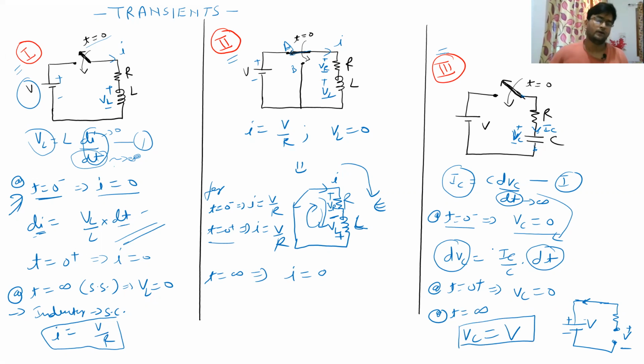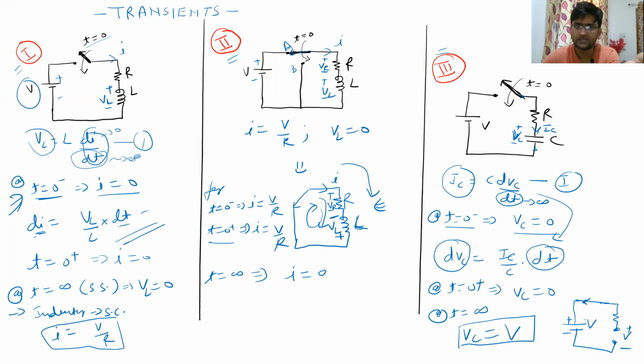So let me revise everything again very fast. In the initial conditions, when the switch is closed, the inductor does not allow sudden change in current, and the capacitor does not allow sudden change of voltage.